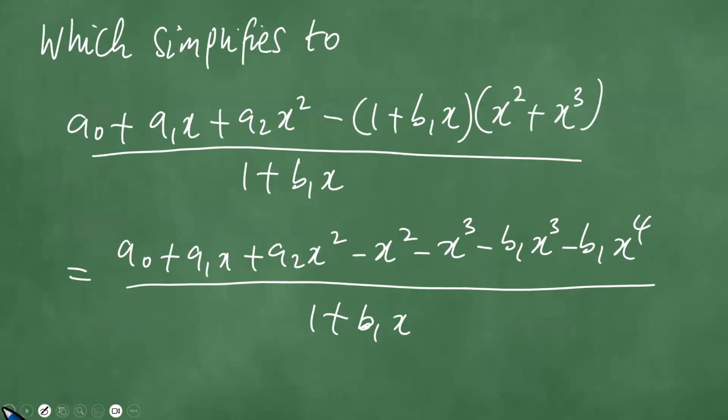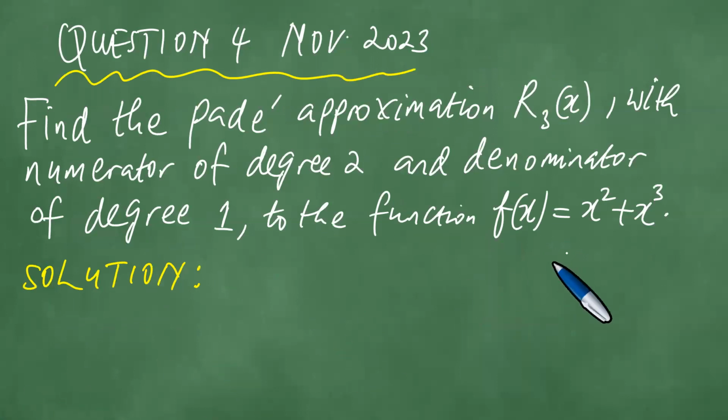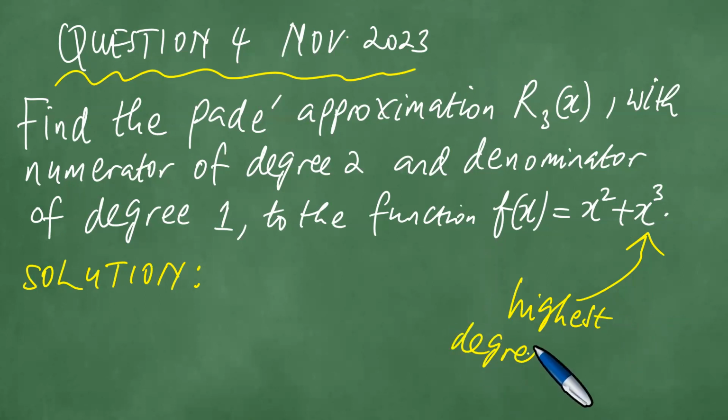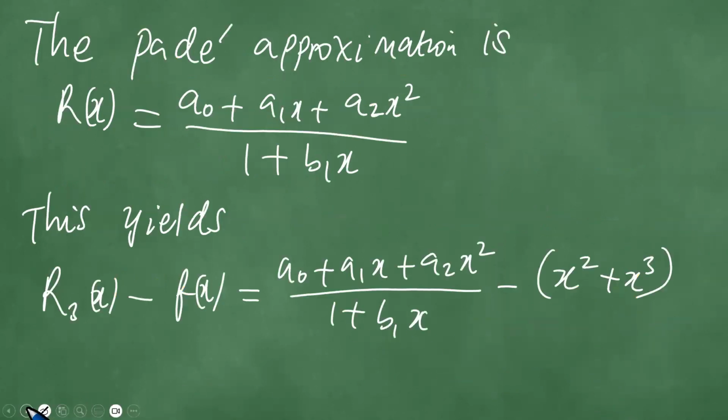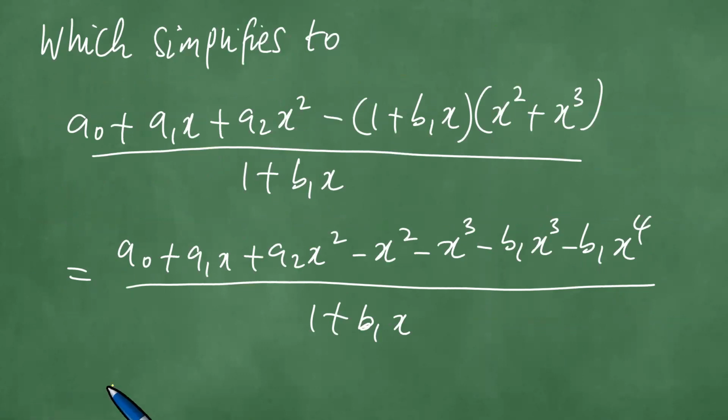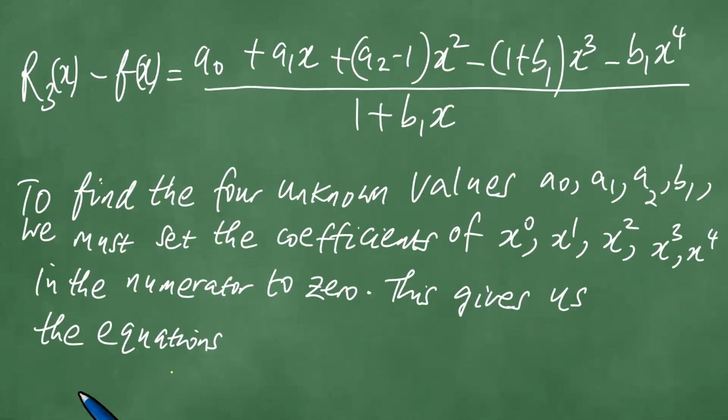I'm going to give a comment here. Because this one is of degree 3, highest degree 3, it's necessary to give this comment. We must find the Pade approximation R3 with the numerator of degree 2 and the denominator of degree 1 to this function, and this function has highest degree 3. Because there's highest degree 3, you can remove this one.